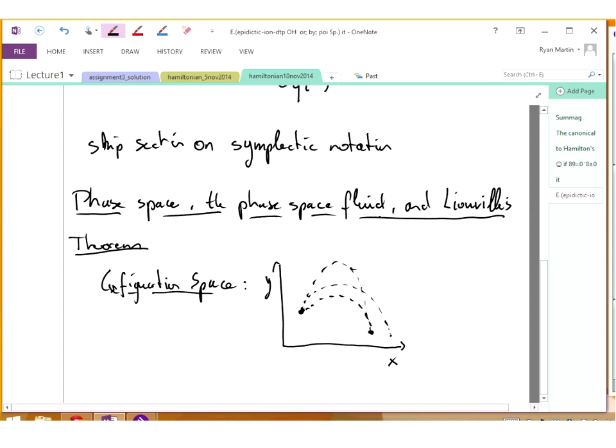The shape of the path depends on the initial position, initial velocity, and of course the Lagrangian.